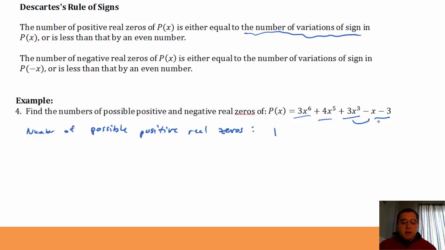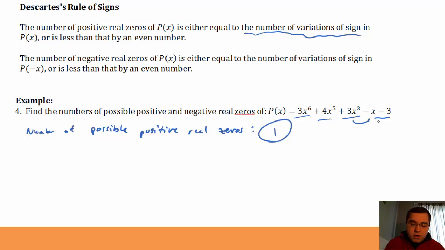The theorem says I can go less than that by an even number, so that means go down by multiples of 2. If I go down by 2, I get to negative 1, and it wouldn't make sense for it to have negative 1 number of zeros. So I just go down until I get to a negative number. So I can't go down any further than 1 here. So there's 1 possible positive real zero. That means there is 1 real number that is positive, that is a zero of this polynomial, and only 1.